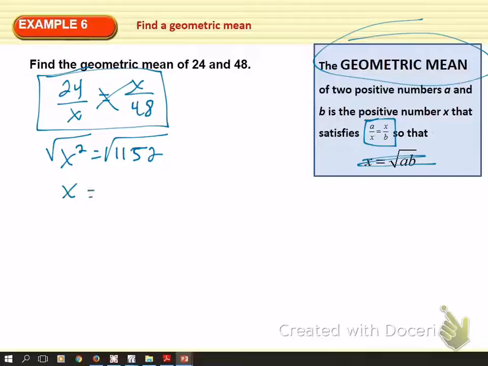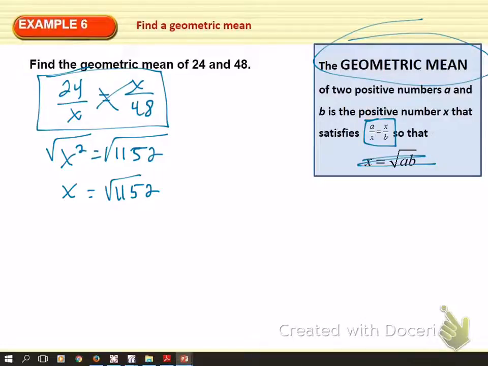The square root of x squared is x, and then we have the square root of 1,152. At this point, we've got to stop typing this into our calculator and getting a decimal answer, because if you get a decimal answer and then you round that decimal, you're no longer at the geometric mean. It's not as accurate. So we've got to get good at reducing our radicals, and that's what we're going to talk about now. You need to reduce the square root of 1,152.